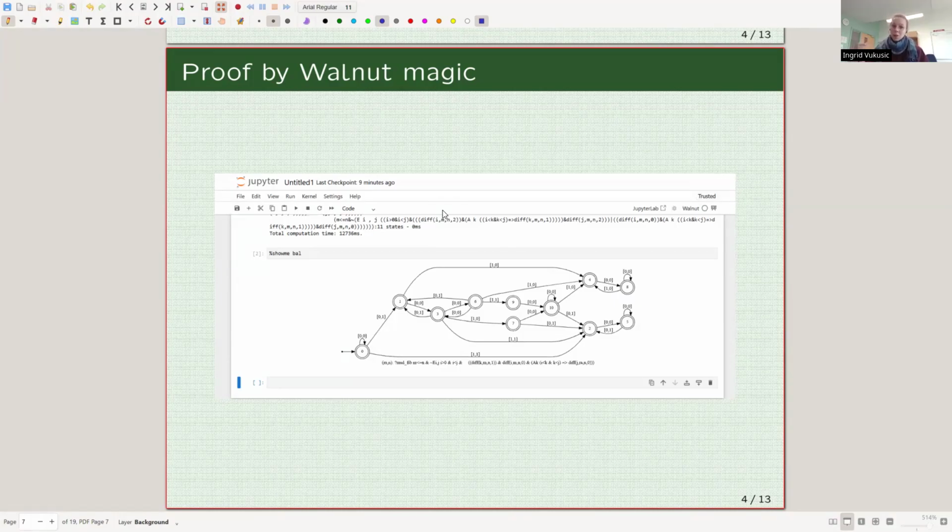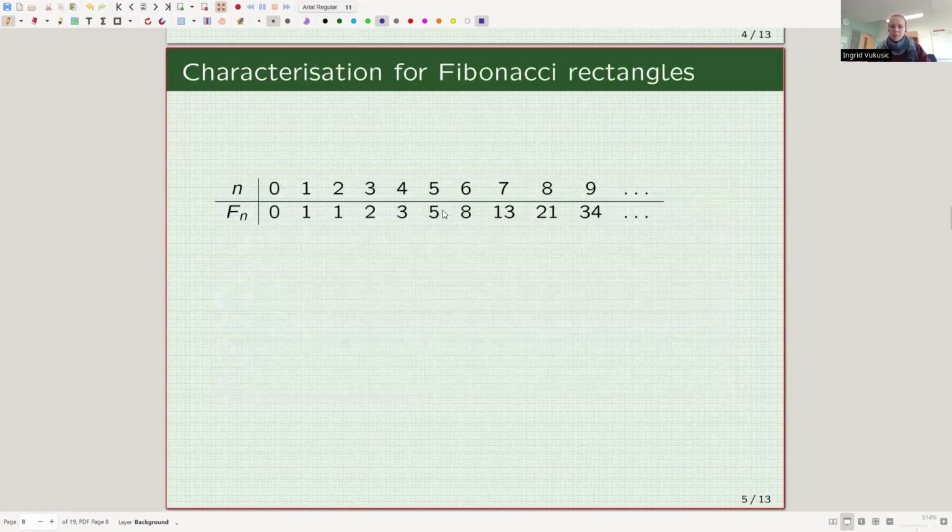The only thing you need to know, except for automata, to read this, is that every positive integer can be represented in Fibonacci representation. What is that? Well, for example, 19: we could just do the greedy thing and see which Fibonacci number fits in here.